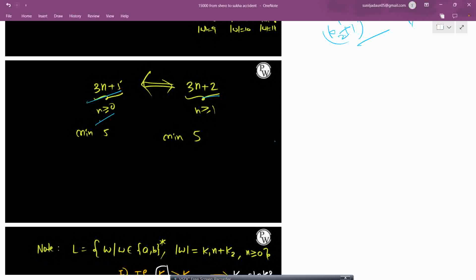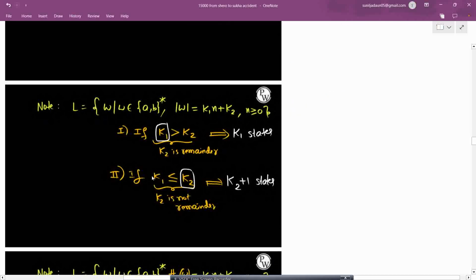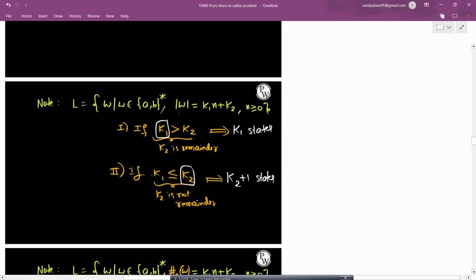If n is 0, then the minimum is 5, but the minimum here is also 5. So what to note here is, if W is of the form K1 n plus K2, and if K1 is greater than K2, then K2 is the remainder and K1 states are required.